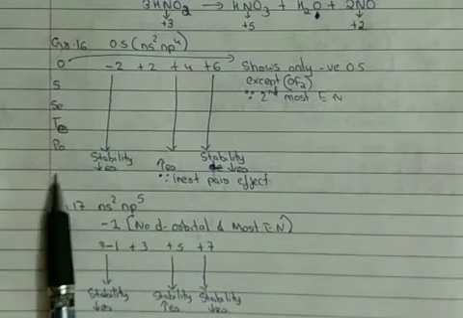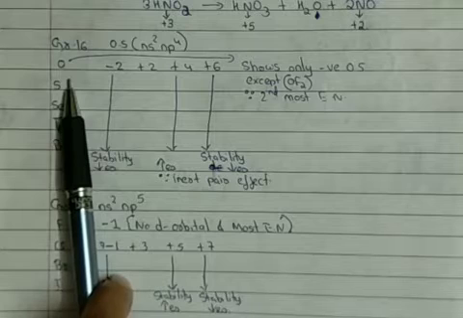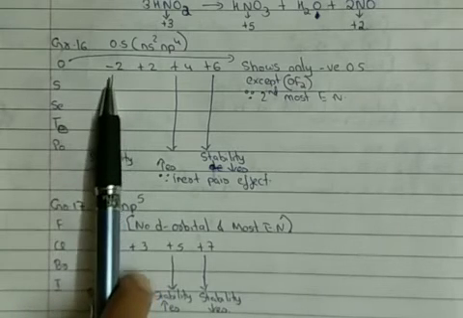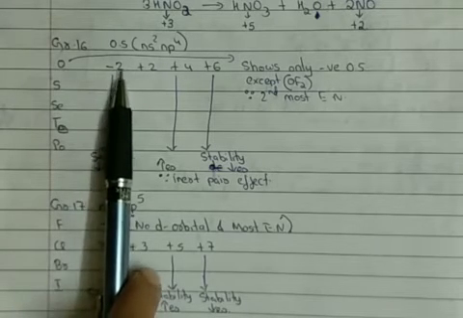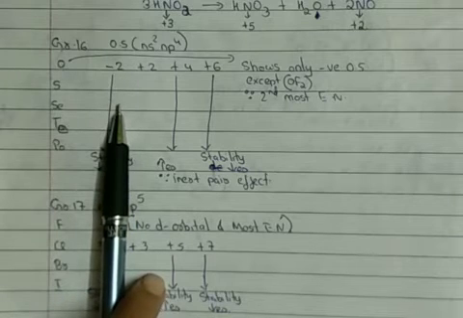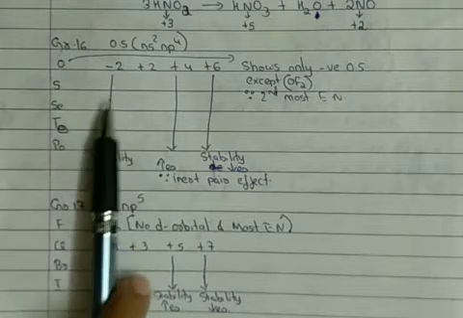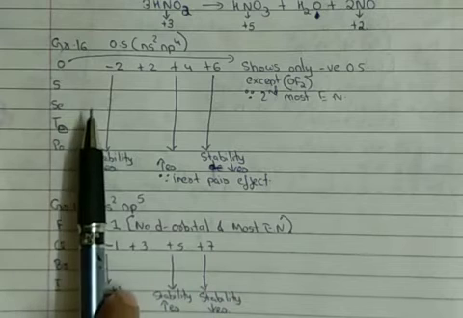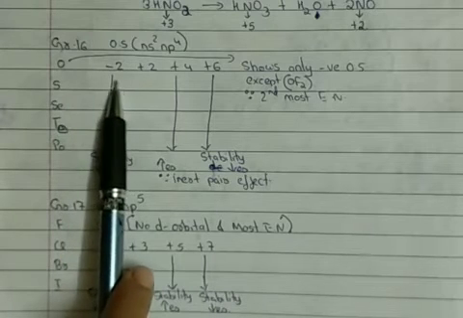Now, very important: oxygen generally shows -2 oxidation state, but it also shows -1 oxidation state. That is in the case of peroxide. It is only oxygen; no other atom of group 16 shows -1 oxidation state.